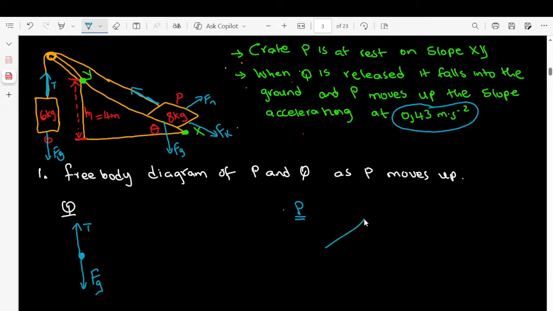Those are all the forces acting on P. I hope everyone is happy with that. This was 2 marks, this was 4 marks, so in total 6 marks.